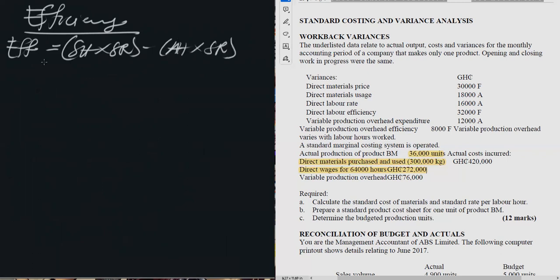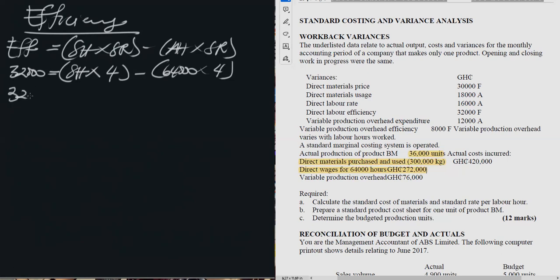So then you put it down. Efficiency variance was what? It was 32,000 favorable, so it's positive. Standard hour, we don't know, but we know standard rate to be 4 cedis now. We know actual hour to be 64,000 hours times the standard rate of 4 cedis. You get the idea?